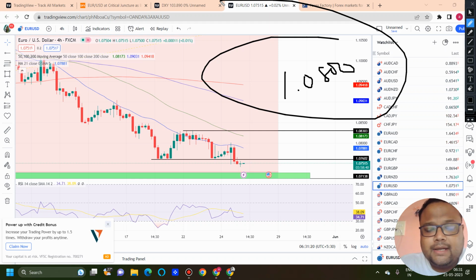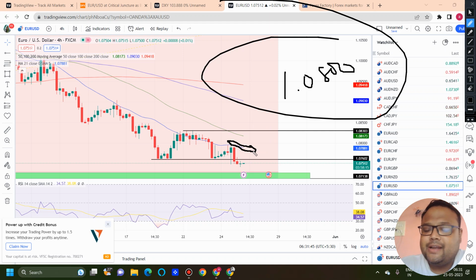Considering the trend of the market, it is better to look for sell positions only. So during the day, if the market tries to recover, observe the market around the 21 moving average, because apart from the 21 MA, we do not have any other major resistance right now, technically. If I have missed anything, write down in the comment section.